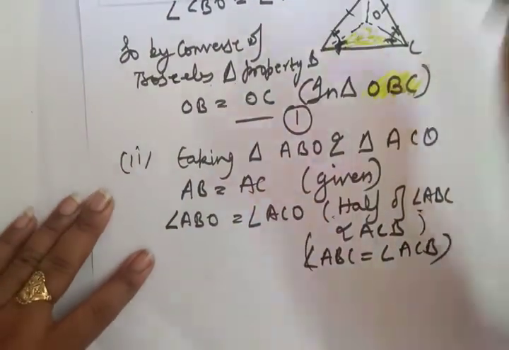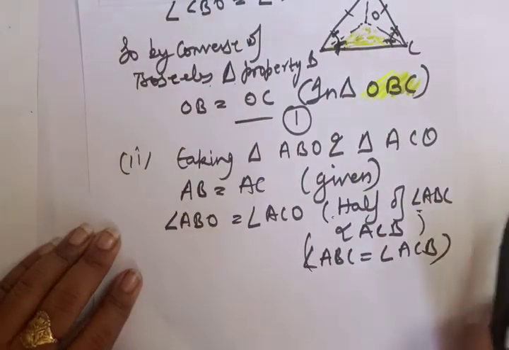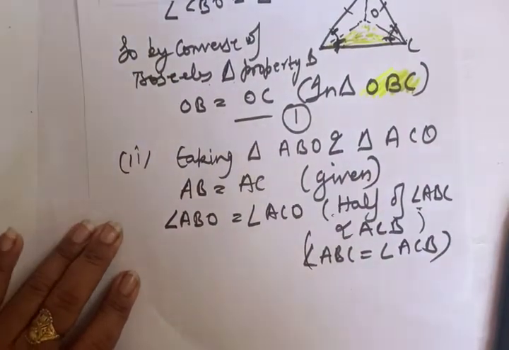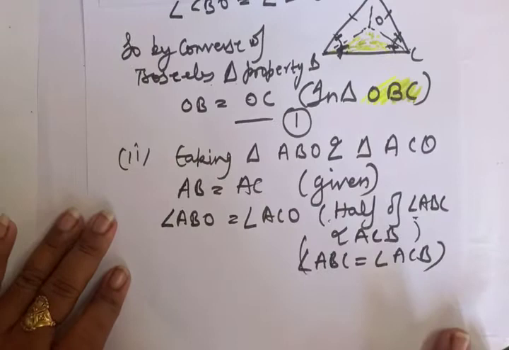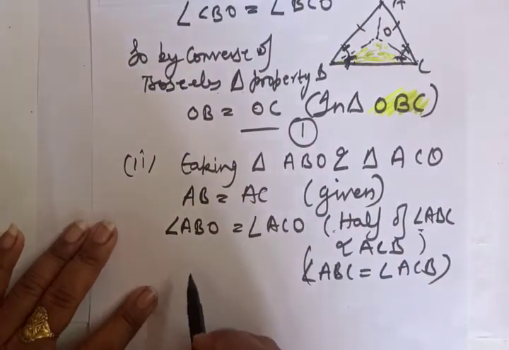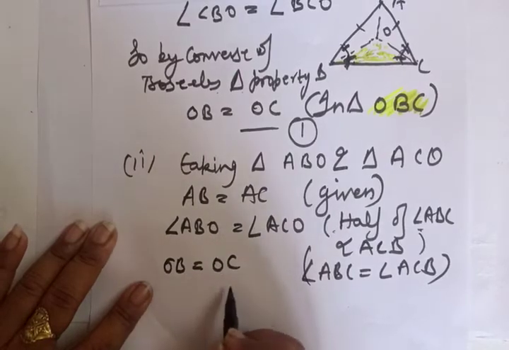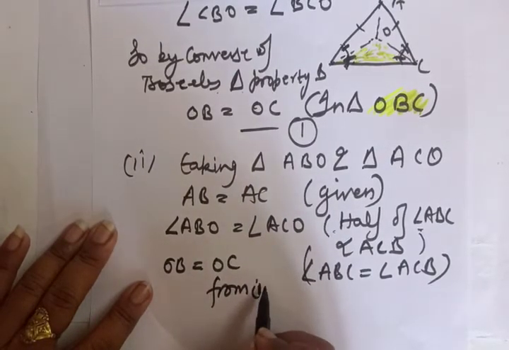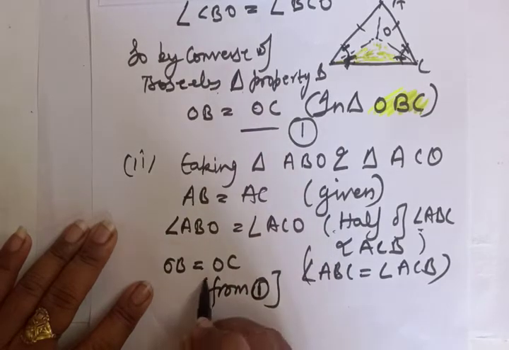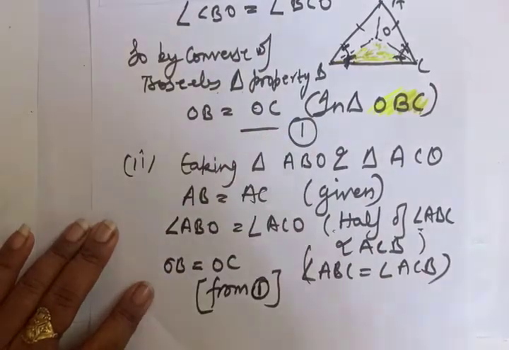Okay. Now first point, to prove any two triangles congruent, we need 3 points. Now OB is equal to OC from 1, that we have already proved here.